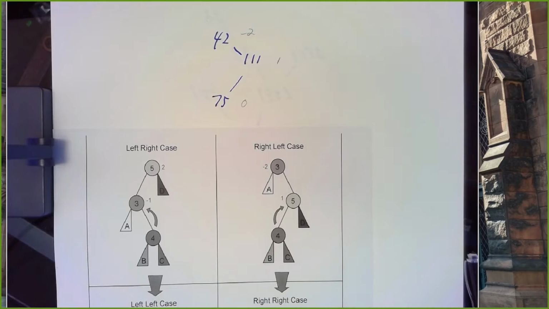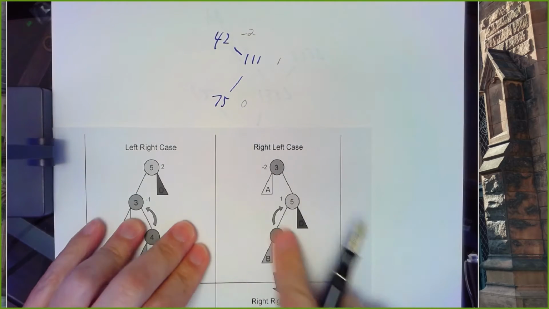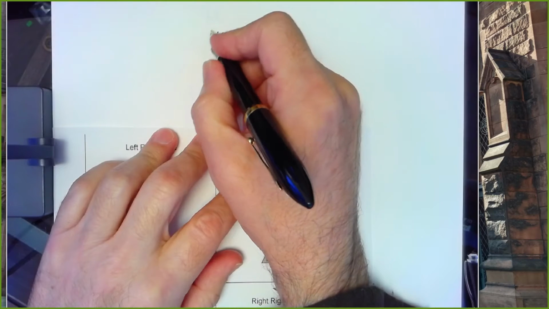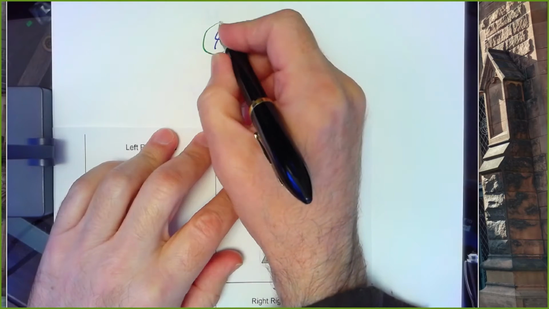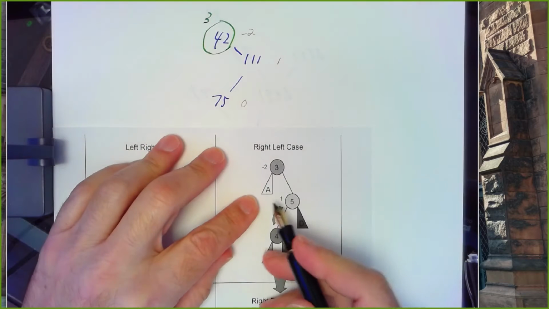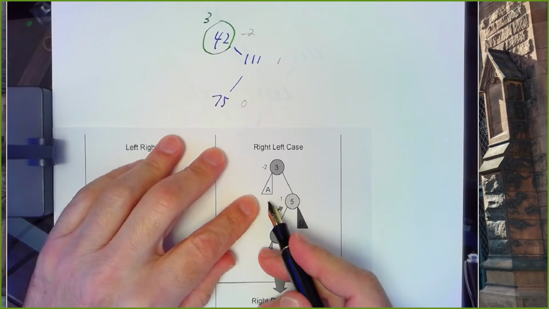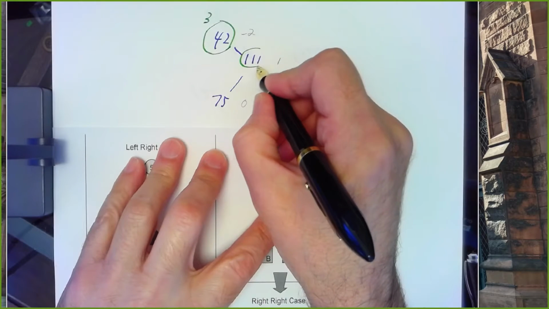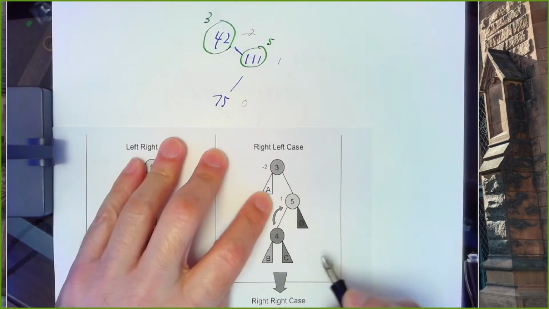So let me label these according to how this picture is drawn. So the point where our imbalance is -2, that's what's called node 3. So I'm going to label that 3. It has no left subtree, so A is going to be null. Its right subtree is node 5. So this is node 5.